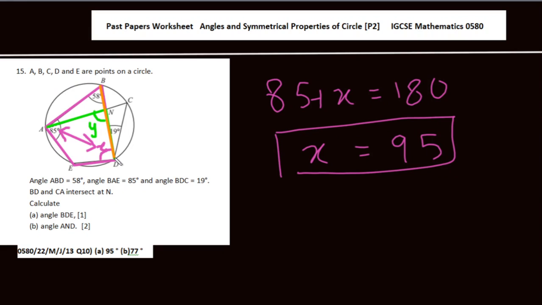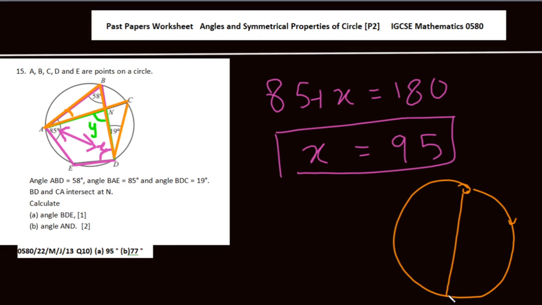Angle 19 is being formed from points B and C. Notice there's also another angle on the circumference originating from B and C, this angle over here. By the property that angles in the same segment are equal, if this is 19, then the other angle on the circumference originating from the same points would be 19 as well. So this comes out to be 19.